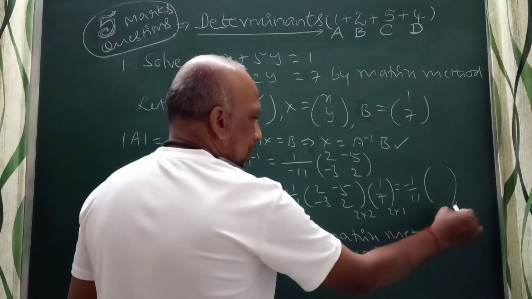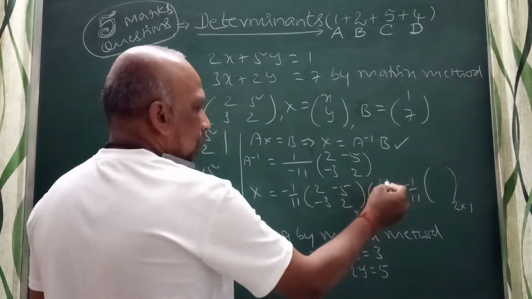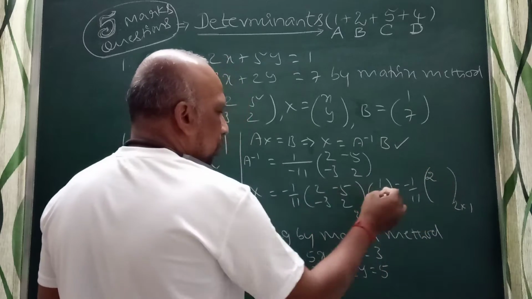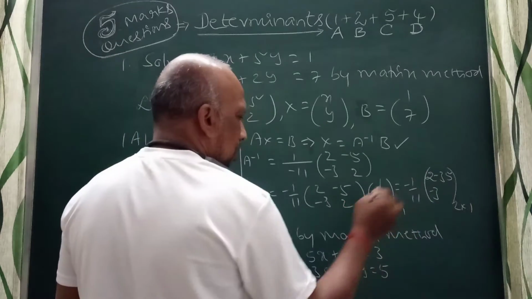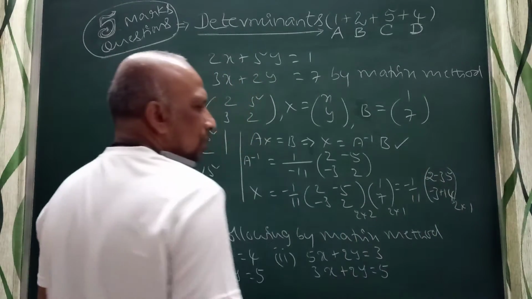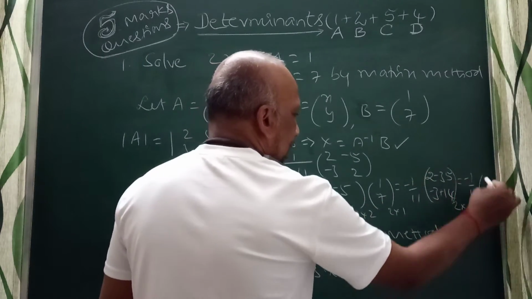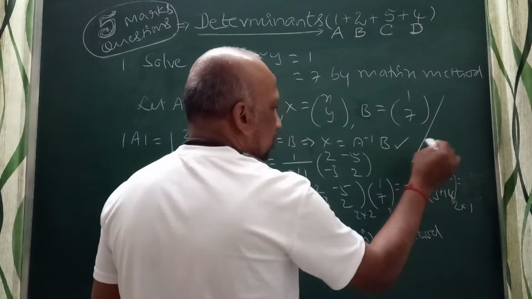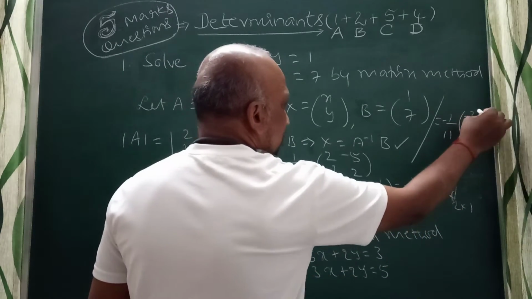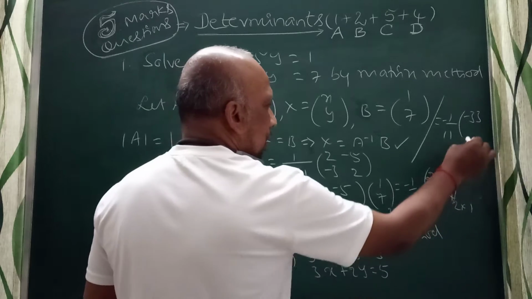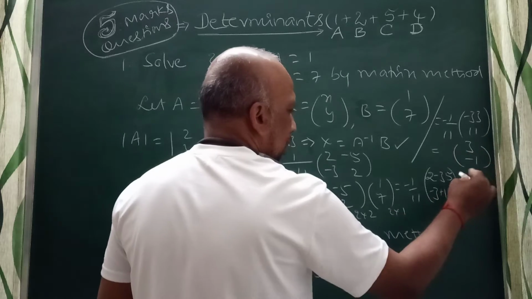Check the first row with first column: you will get 2 minus 35, which is minus 33. And the second row gives minus 3 plus 14, which is 11. So minus 1 by 11 times minus 33, 11. You divide by 11, you will get 3 and minus 1.